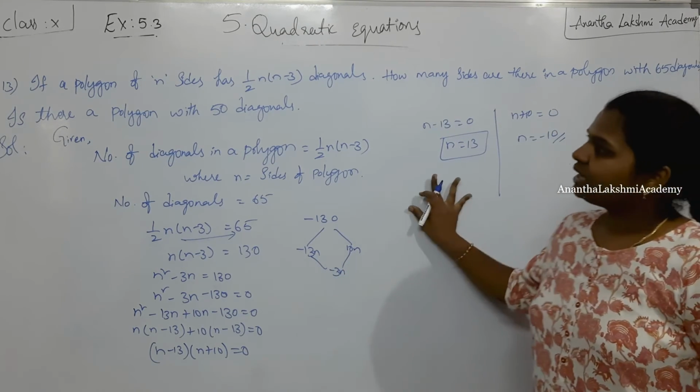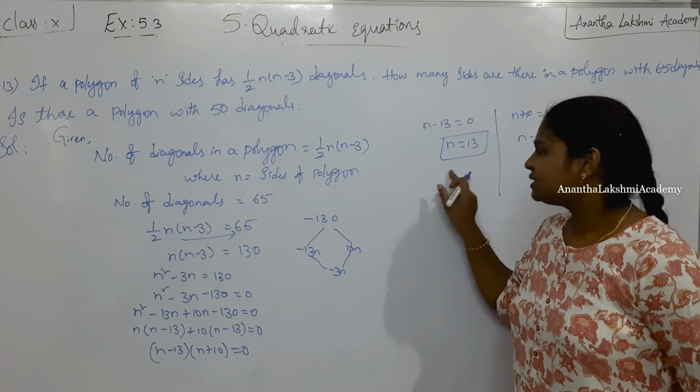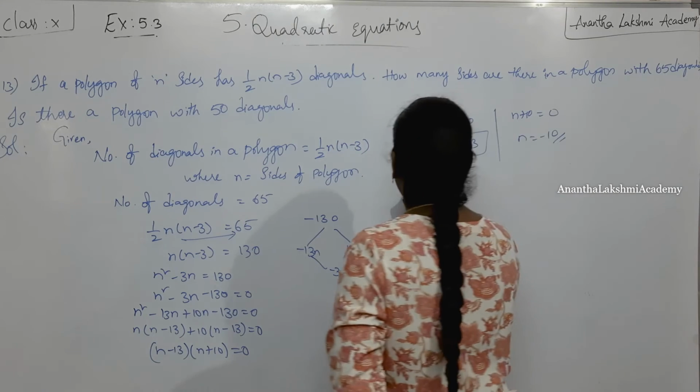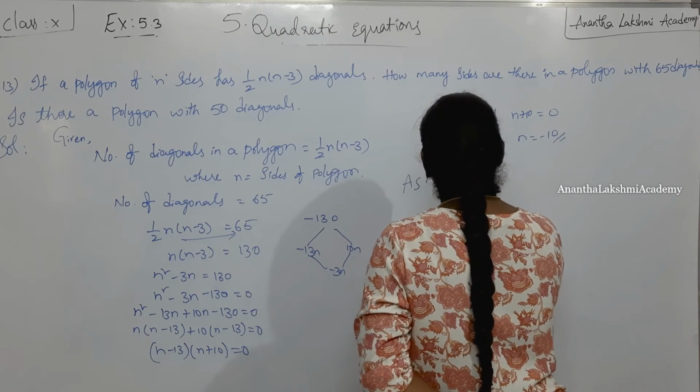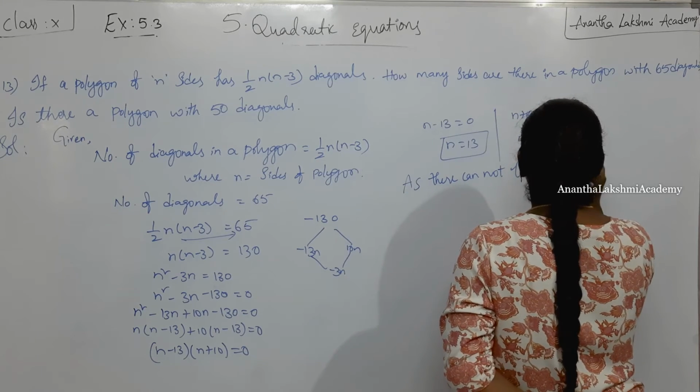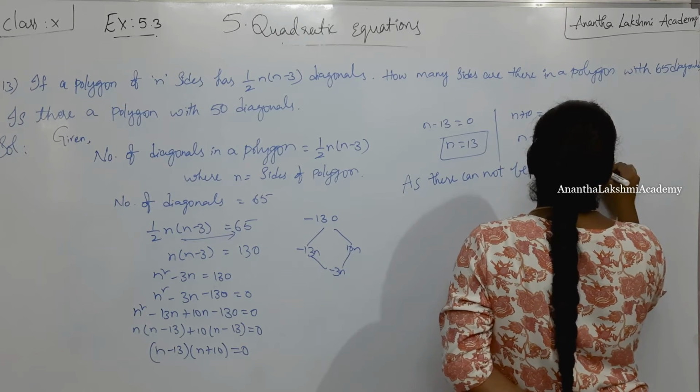Now here we are dealing with the sides of a polygon. n is nothing but the sides of a polygon. Can there be negative sides for a polygon? No, as there cannot be negative sides for a polygon.